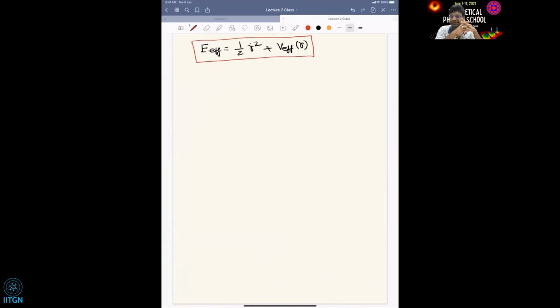But in some sense, this is exactly equivalent, identical, to the case of one-dimensional Newtonian motion under the potential V effective of r.